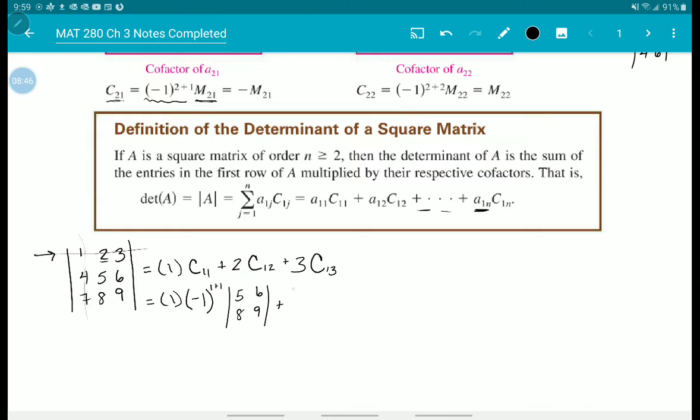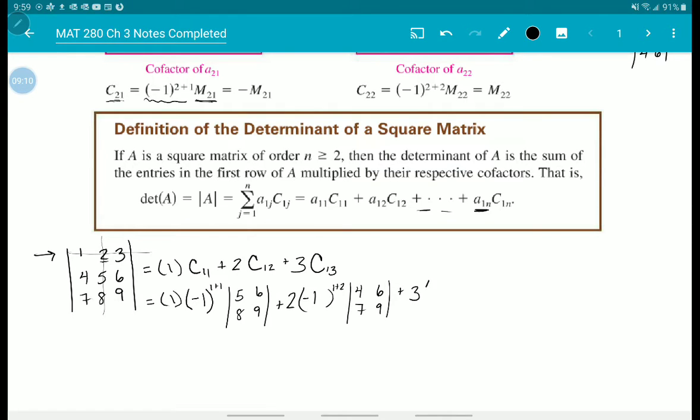And then we're going to have that 2. We're expanding here, so we take that 2 out. So we have negative 1 to the 1 plus 2, and the minor that's left over is 4, 6, 7, 9.